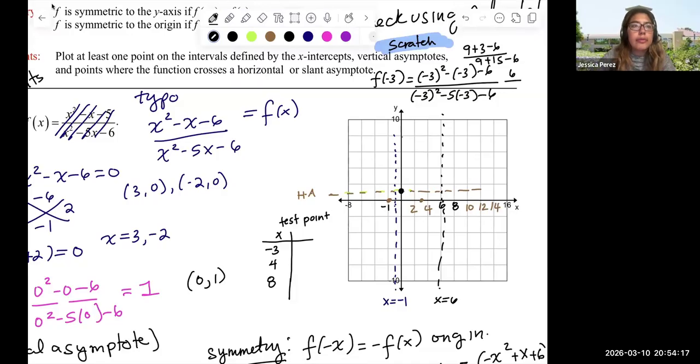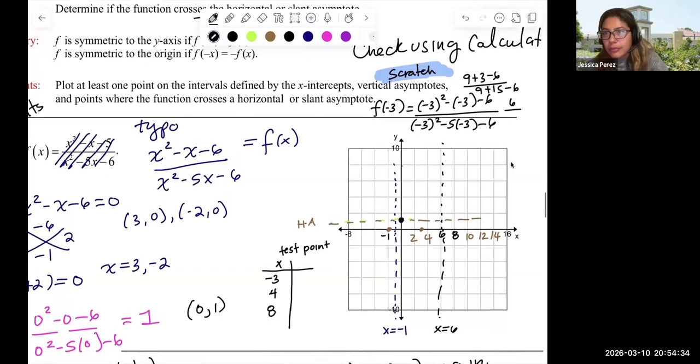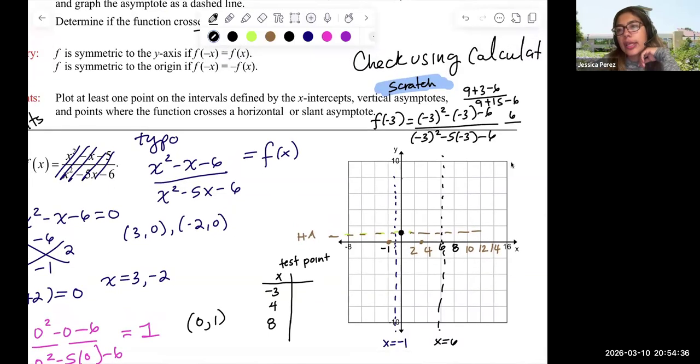If I open it up, then I have 24 minus 6, which is 18. So it's 6 over 18, or 1/3. So 1/3 is in the positive direction.